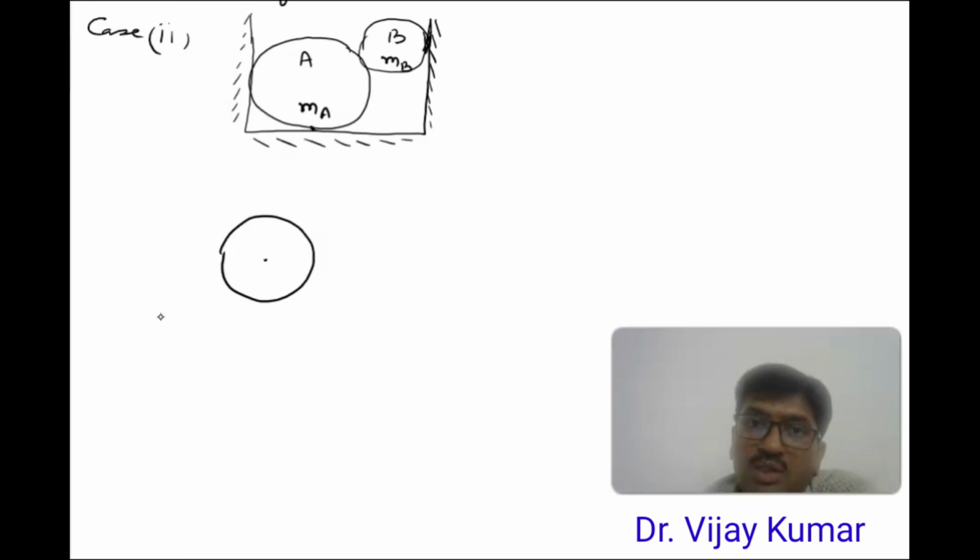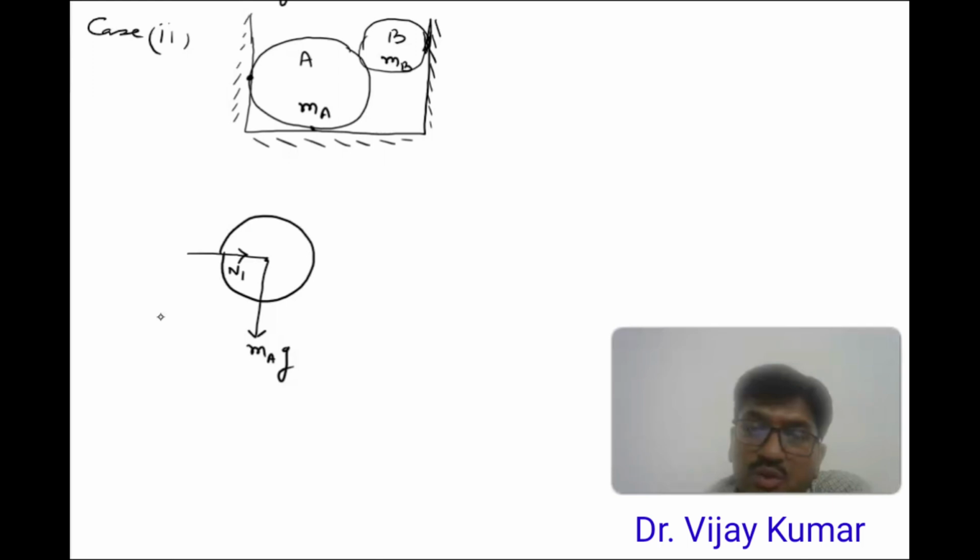So the weight will work on the center, it should be MAG, the weight of sphere A, and due to this plane, a normal force should work in this direction.